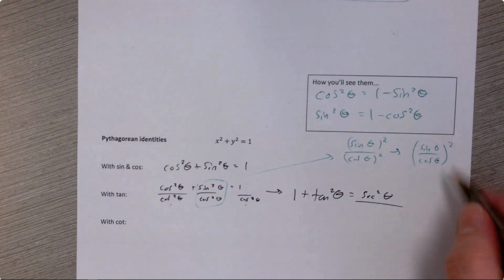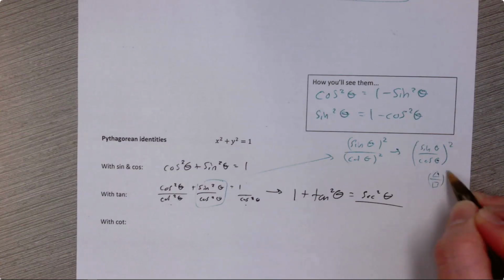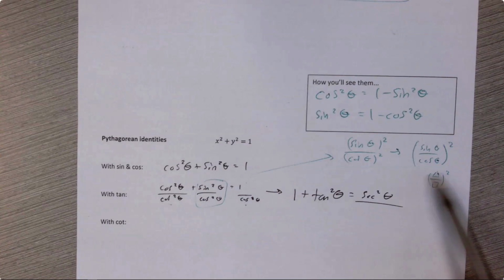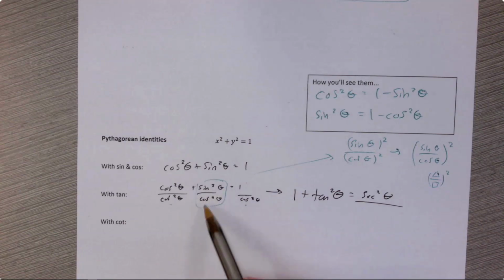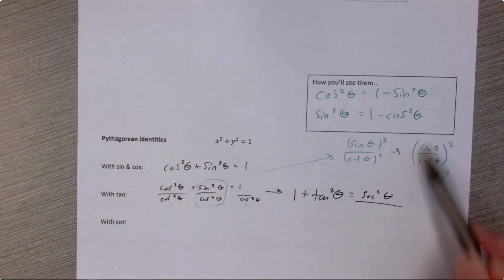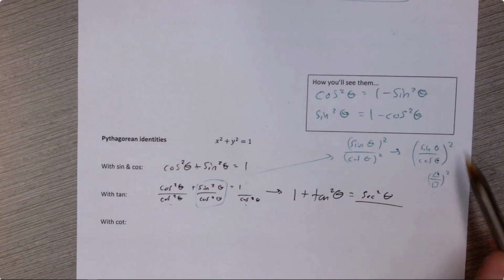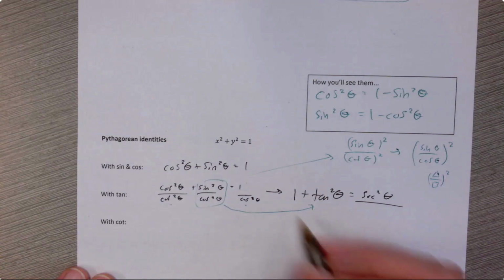If I have triangle over square, quantity squared, that squared applies to both numerator and denominator. So that's why this ends up being tangent squared, because sine over cosine is tangent, and I'm squaring it. That's how this turns into that, which is a fine question.